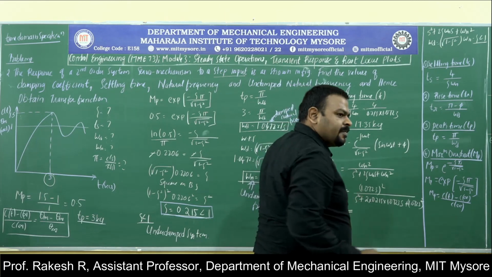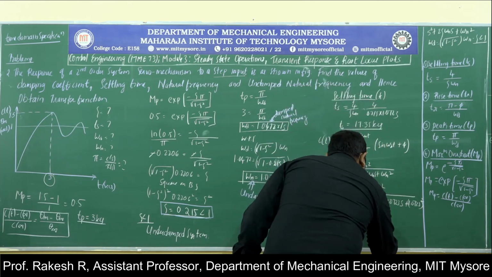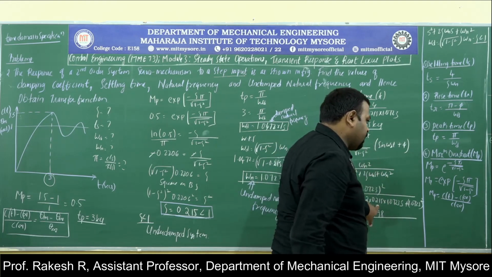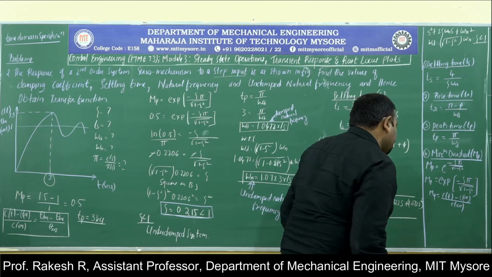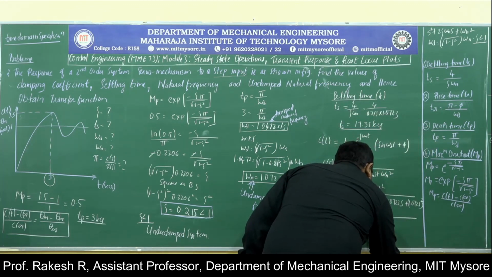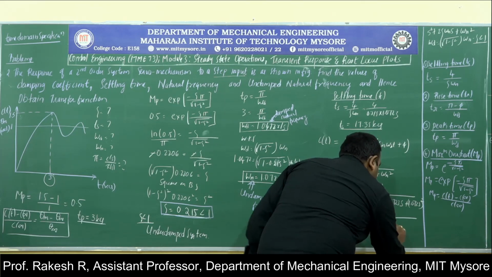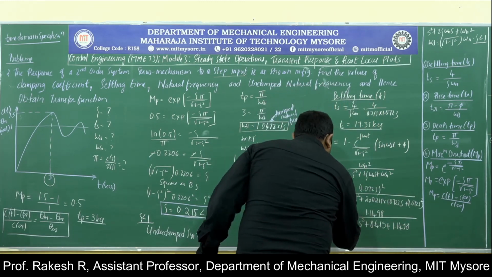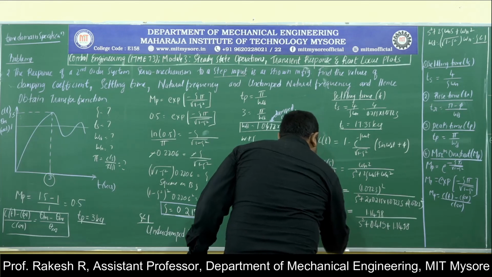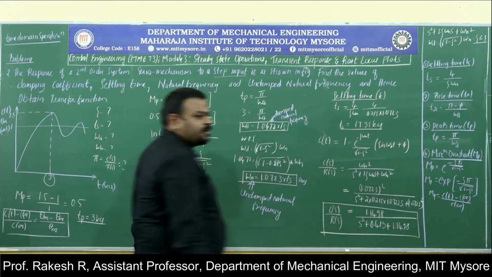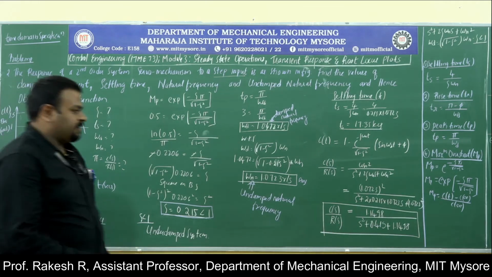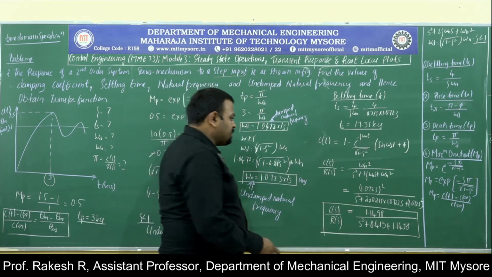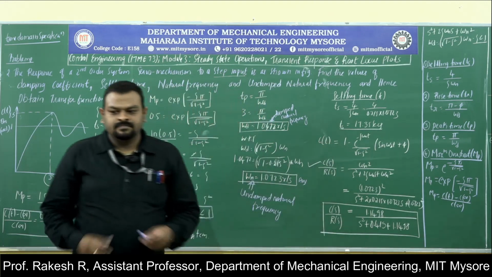After this, you will get 1.1498 divided by s square plus 2 into 0.215 into 1.0723, which is around 0.46 s, plus 1.1498. So this is the equation of the closed loop transfer function for the second order system with the given unit step input. This is the final closed loop transfer function. You can obtain it by this method also, but I suggest you opt for this one. Thank you.